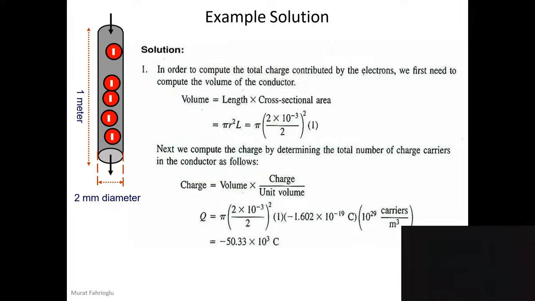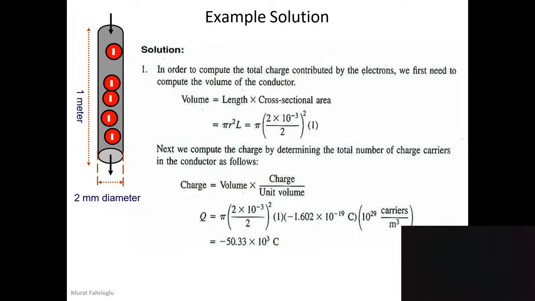The volume we know from the last step: pi into (2 into 10 raised to minus 3 divided by 2) the whole raised to 2 into 1, into the charge given in the problem, minus 1.602 into 10 raised to minus 19 coulomb, multiplied by 10 raised to 29 carriers per meter cube.